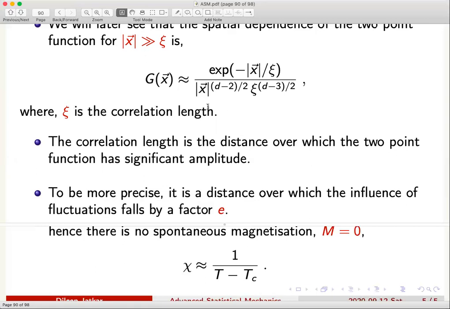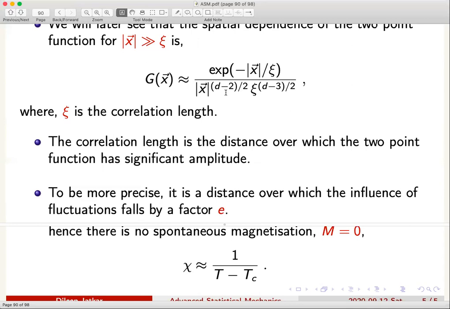Okay, of course, there is an additional fall off coming from this mod x to the d minus 2 by 2 factor also, but typically these fall offs are determined by how this exponential function behaves, because as the distances grow beyond c, you'll find that it is the exponential function which should determine the behavior of the correlation function rather than these power laws.